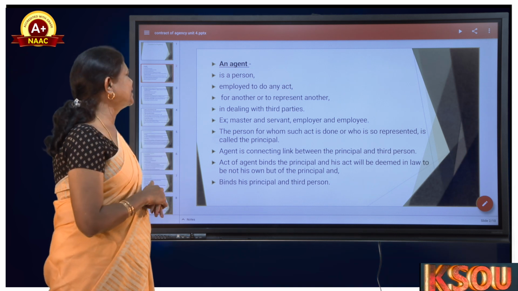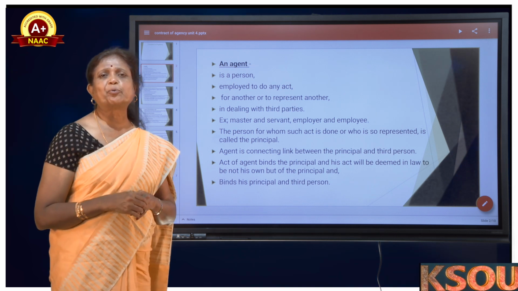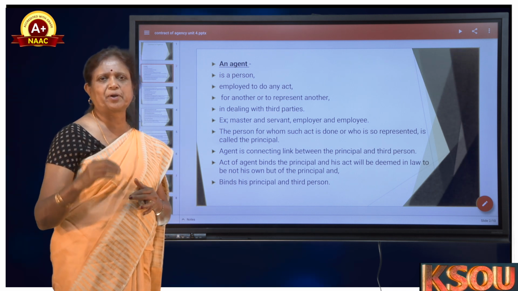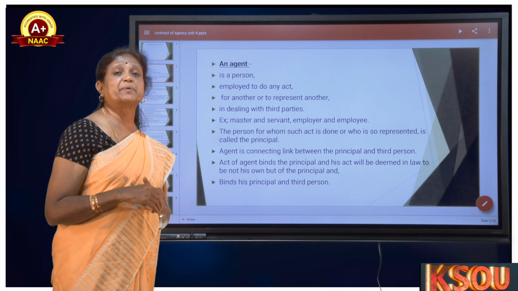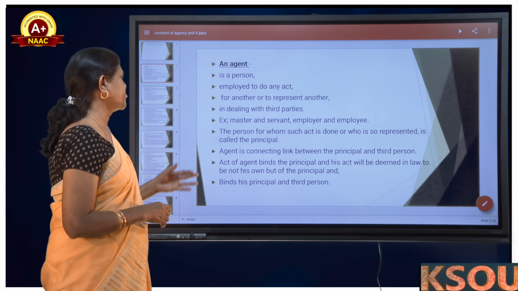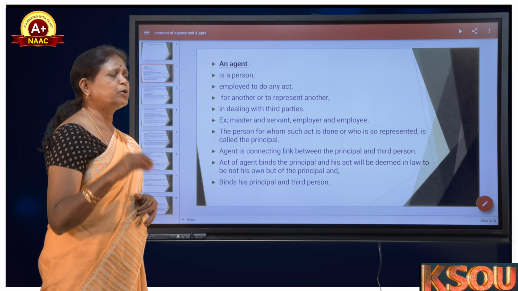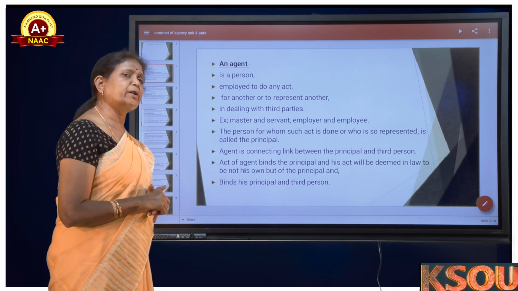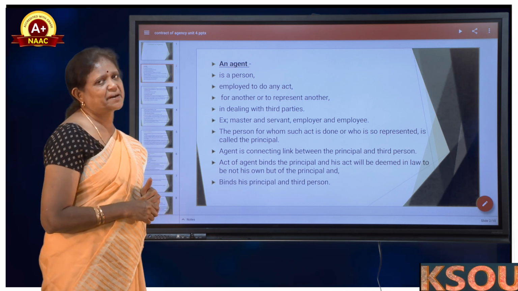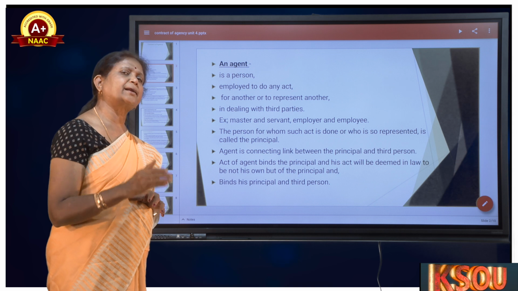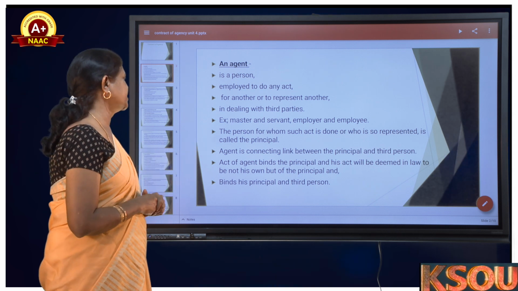Examples are master and servant, and employer and employee. The employer gives work to the employee to represent him and do an act with a third person. The person for whom such act is done, who is so represented, is called the principal. The principal always appoints someone to act on his behalf, and that person is the agent.